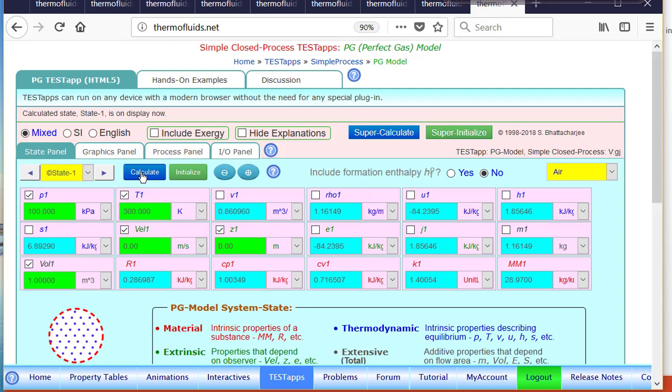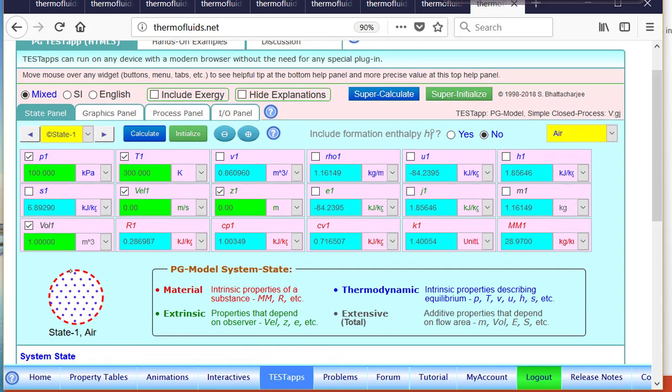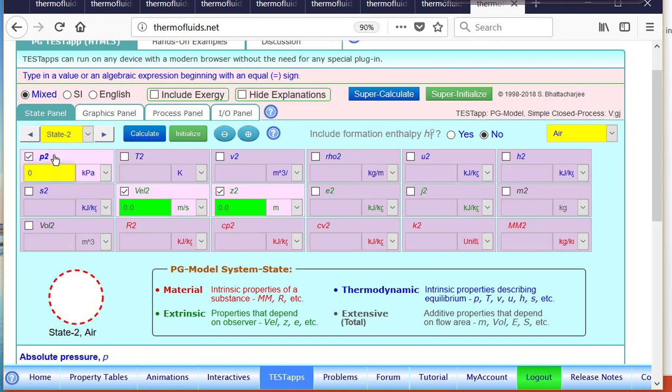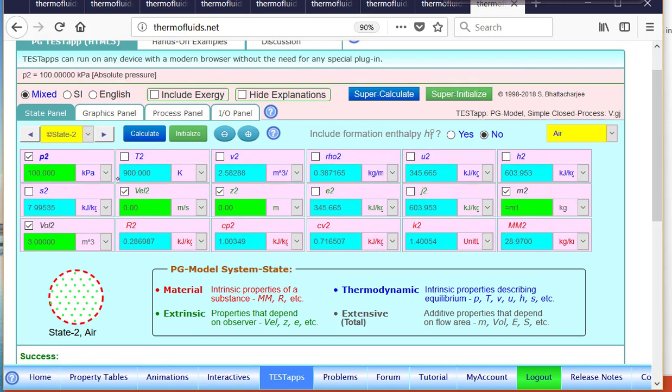Suppose this is our beginning state. We started with some air at this state, and suppose at constant pressure we heated such that the volume triples, and of course the mass doesn't change, so we will make sure the mass remains constant. Now the temperature is calculated, so the beginning and final states are known in this problem.